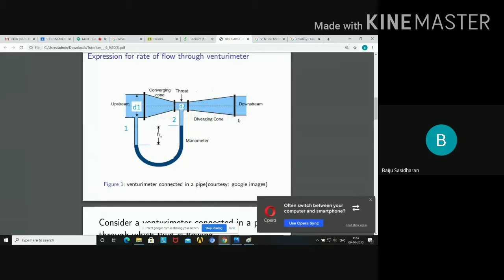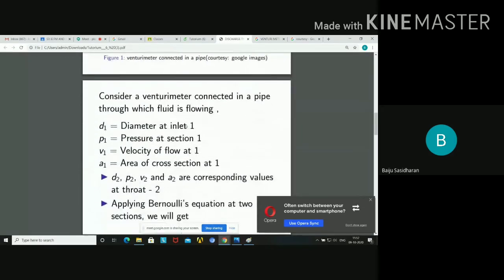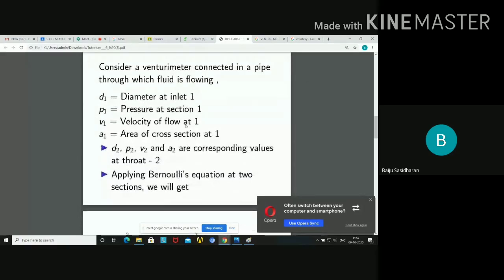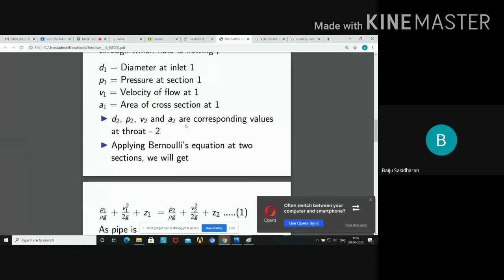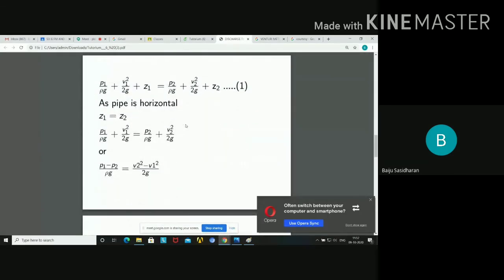Then you have to consider two sections, one at the pipe and the other at the throat, and give the values of diameter, pressure, velocity, and area. Then at these two sections, you apply Bernoulli's equation.